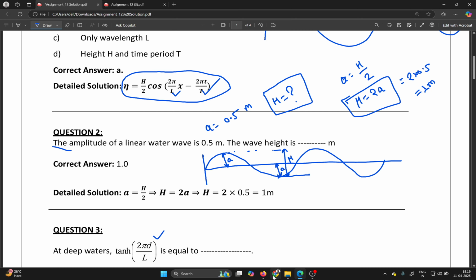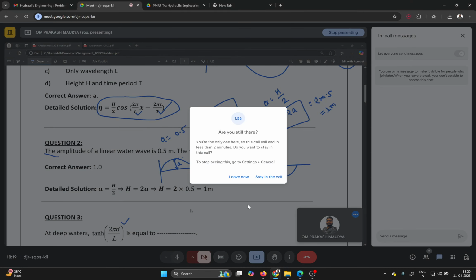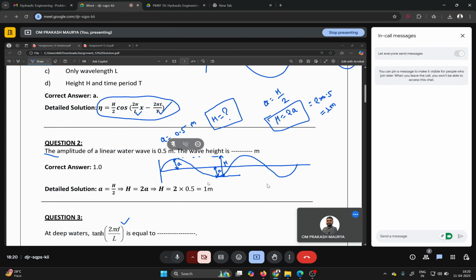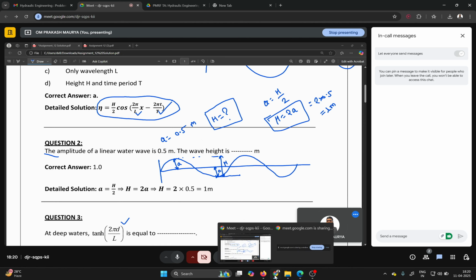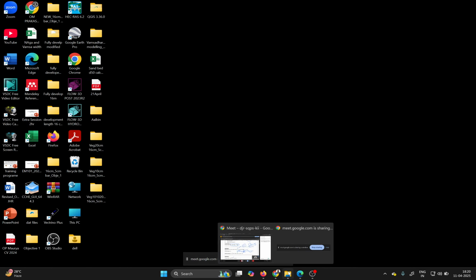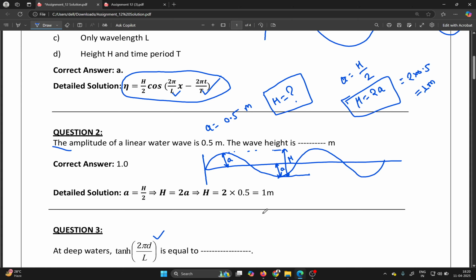These are very basic questions, but you have to understand these things: tanh for deep water and for shallow water, what the values would be.